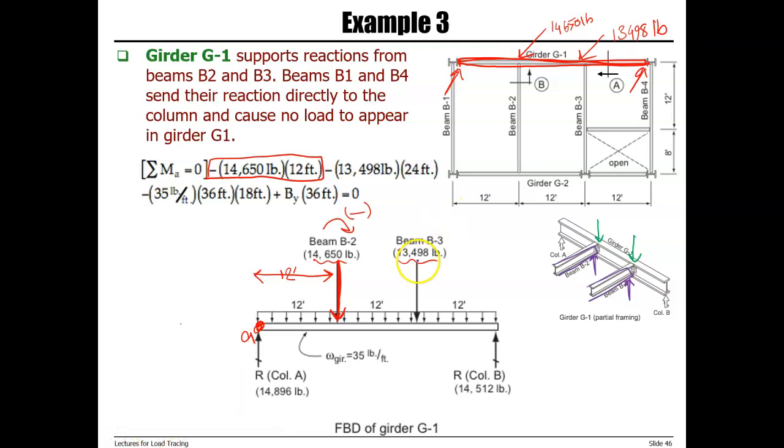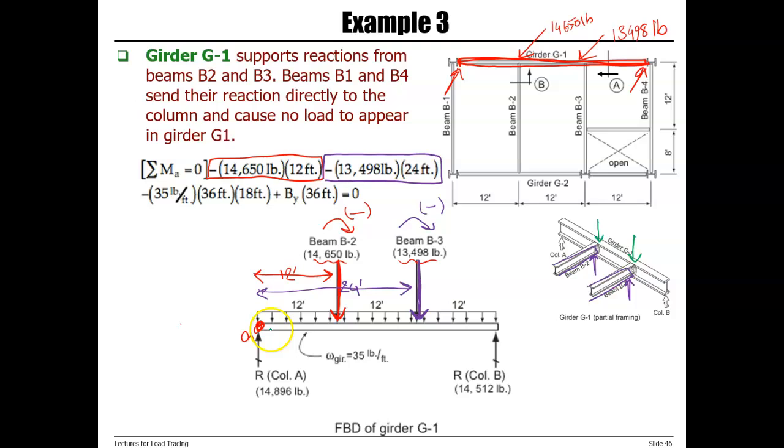Then we have load from beam B3. Distance is 24 feet, and the clockwise moment around point A, so a negative sign. Load times distance from point A and a negative sign because it's clockwise.